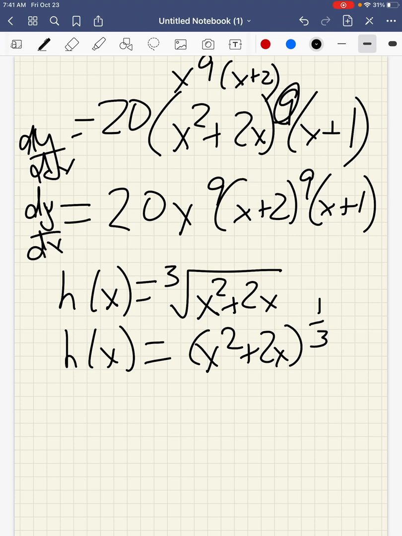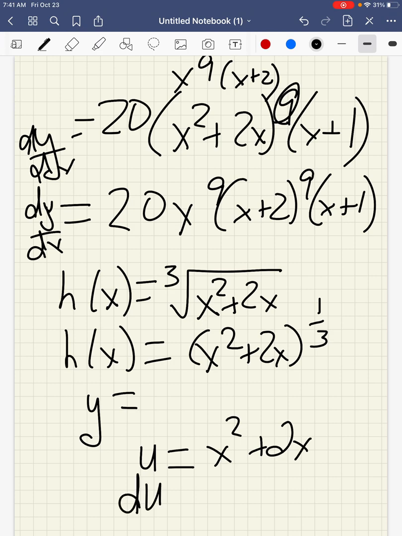And then we'll make the u substitution. So u will be equal to x squared plus 2x, making du equal to 2x plus 2. And this is now u to the 1/3.